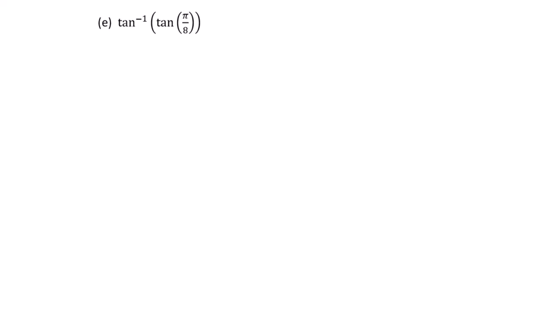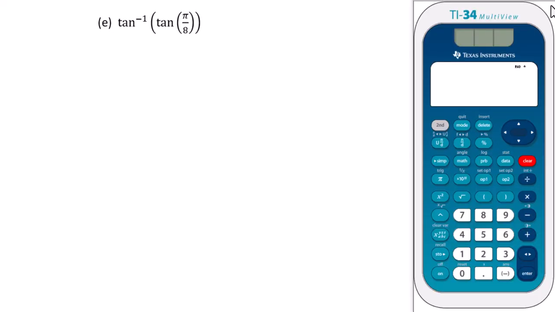Here, the inverse tangent of the tangent of pi over 8. Now, pi over 8 is not one of our special angles, so this would be a time that's appropriate to use a scientific calculator. So I first make sure that my calculator is in radian mode since the angle given is in radians. And I'm going to take the tangent of pi over 8.